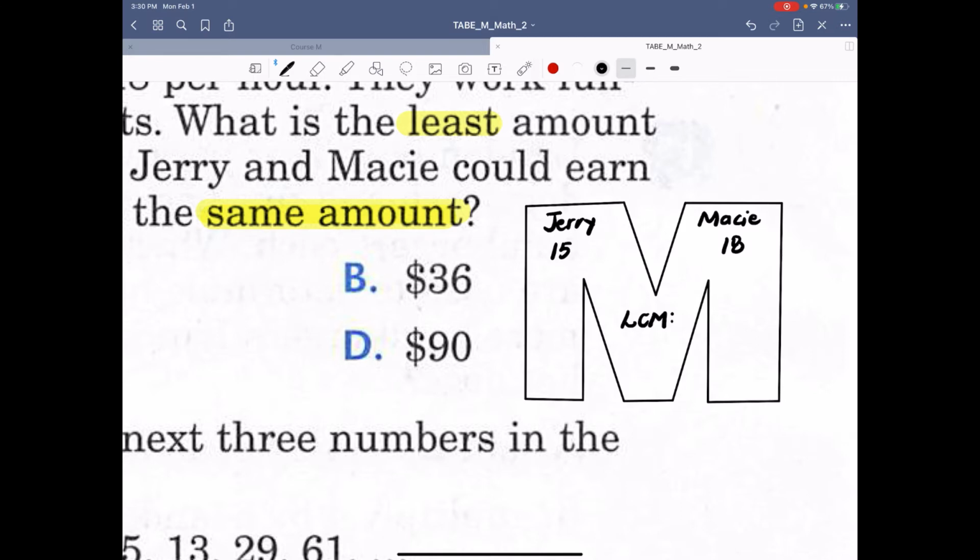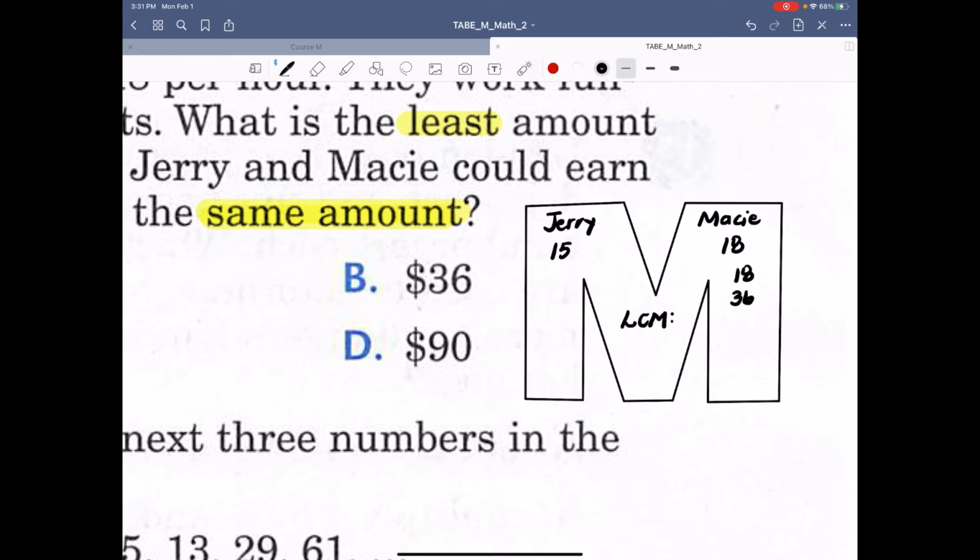I like to start with the larger one. You don't have to, but I'm looking for the multiples of 18. So I have 18 times 1, 18 times 2, 18 times 3. You can use your calculator, so I'm going to.